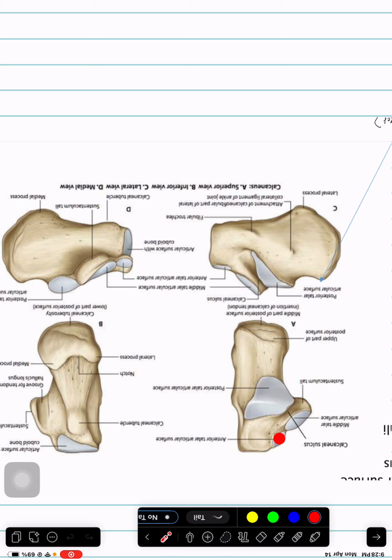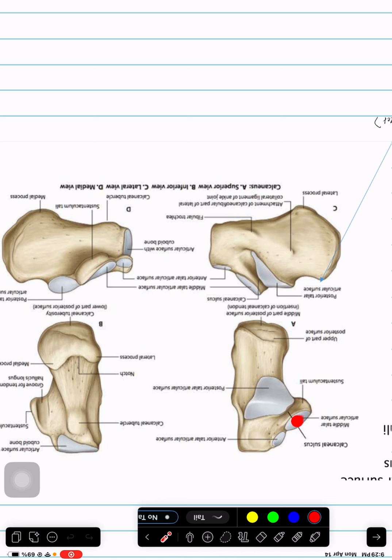And you have another talar articular surface known as the anterior. So obviously, that's why you have 2 talar articular surfaces on the superior surface of the calcaneus, because you have one anteriorly and one that's posterior to the anterior talar articular surface.